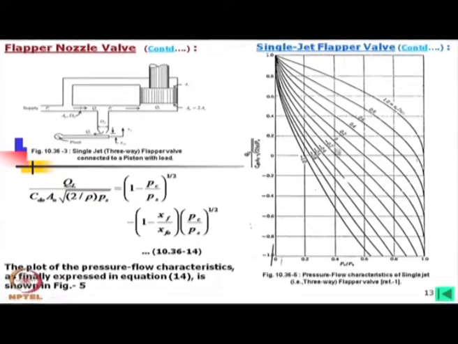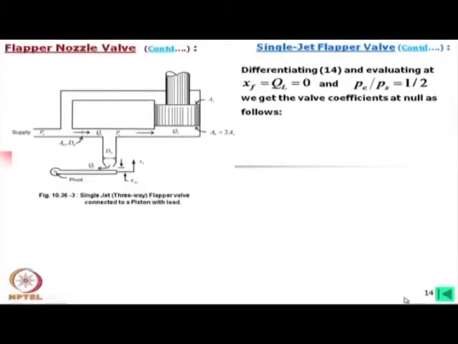No, sorry, this is coming over here, this is the null position, whereas for the movement of x f in both the directions, we get a different curve. Okay. So from there we can find out the valve coefficients.